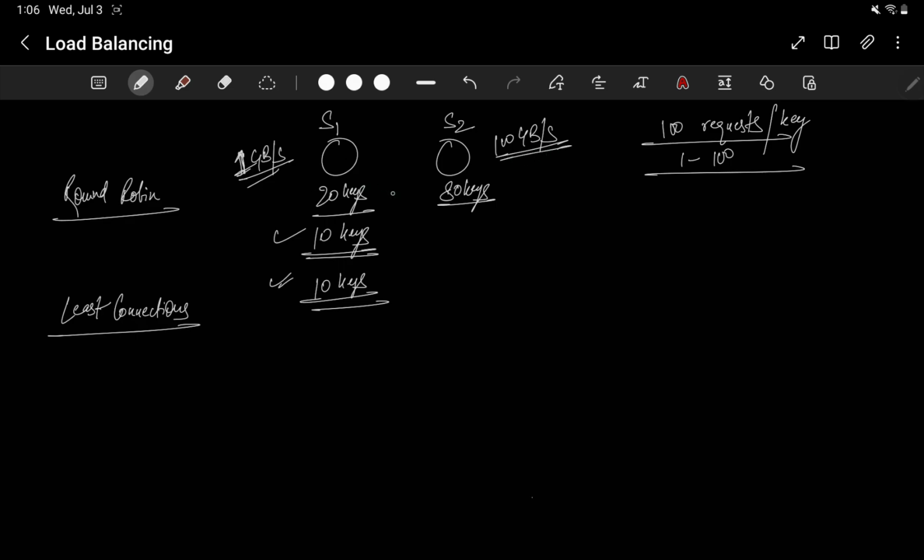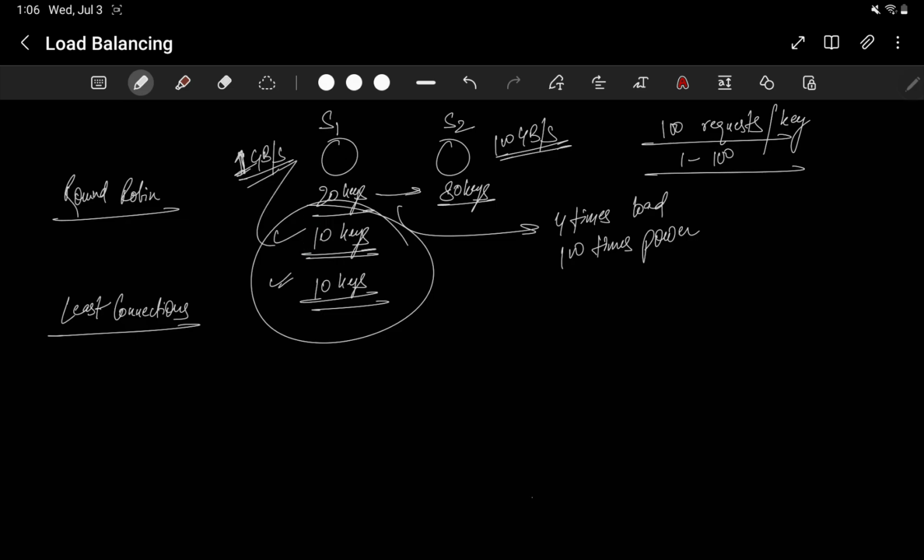It means the powerful server has only 4 times the load but 100 times the power. So assigning new requests to the weaker server does not make any sense. These requests should go to the more powerful server. So that is the problem with least connections. I hope this clears up round robin and least connections.